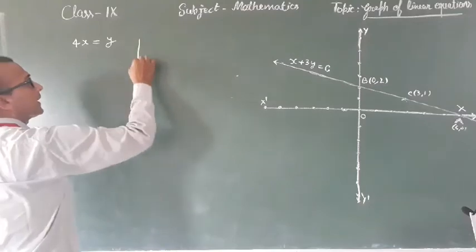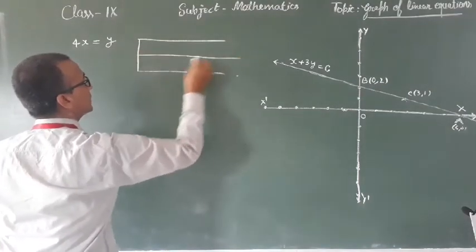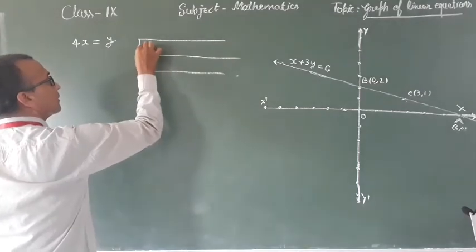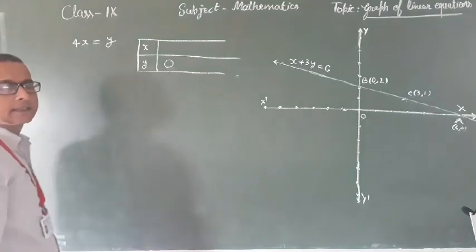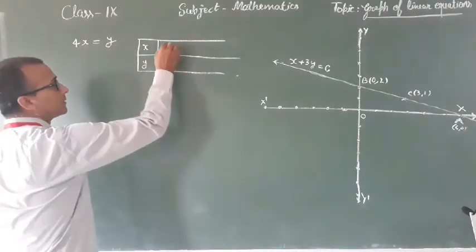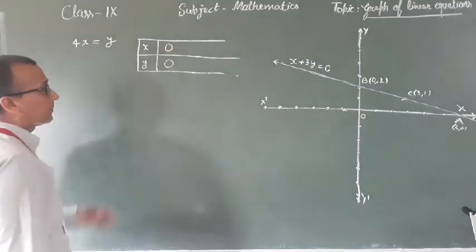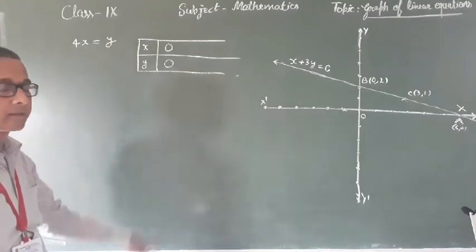Then find out some points to plot it. Put the value of y is equal to 0. Then value of x will be 0. It means that this line will pass through the origin.